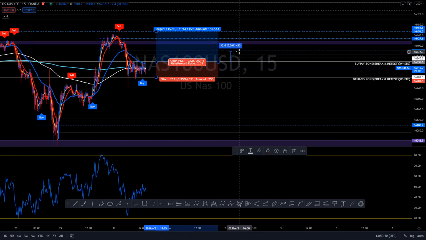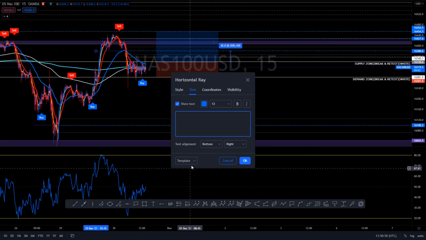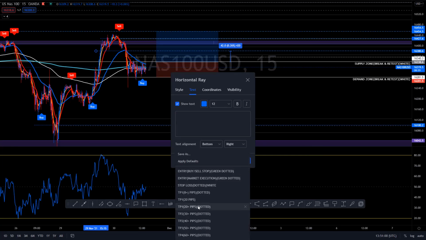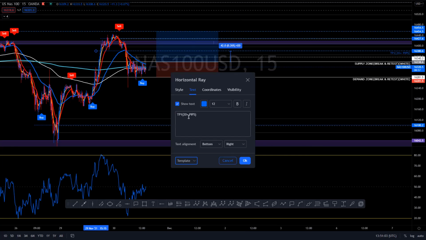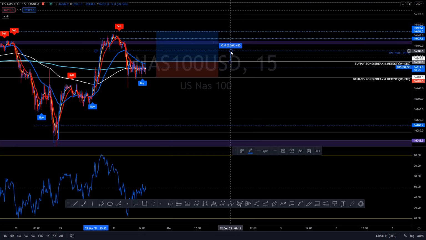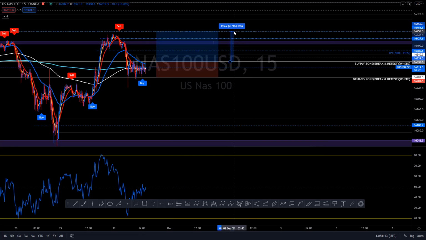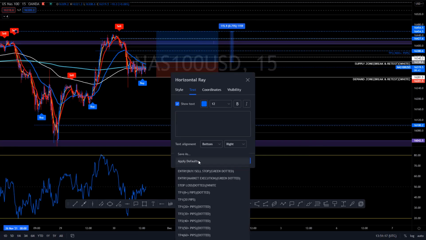I'm going to go ahead and set this. So this is take profit 1, 400 plus pips. And then going up to here is 1,000 plus pips. That's TP2.